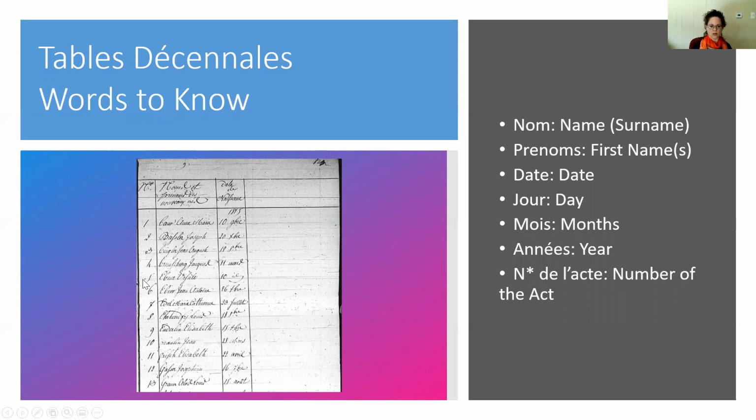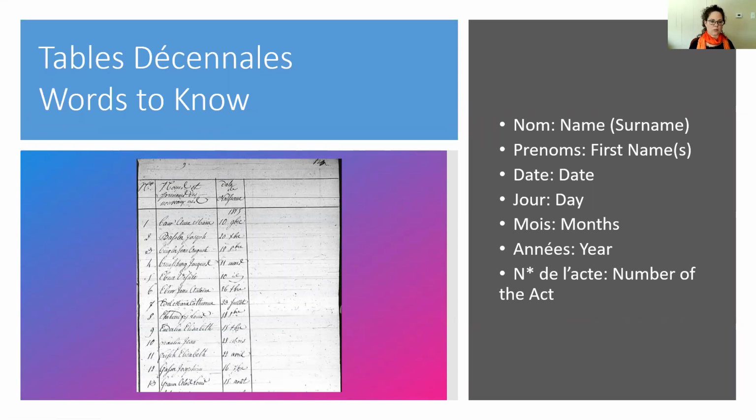So most of the books are organized specifically by the act or the ordinance that's being performed. So if it's a christening or a baptism, all the baptisms are going to be listed together, and the books are usually organized by year.